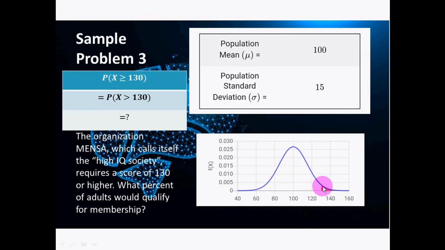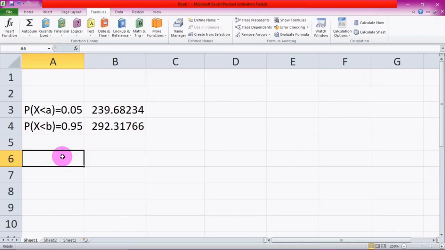What we can compute from there is the area to the left side of 130. We have to subtract the area to the left from 1 so that we can obtain the area to the right of 130. So using Microsoft Excel, we are going to look first for the probability that x is less than 130, or that is the area to the left side of 130.